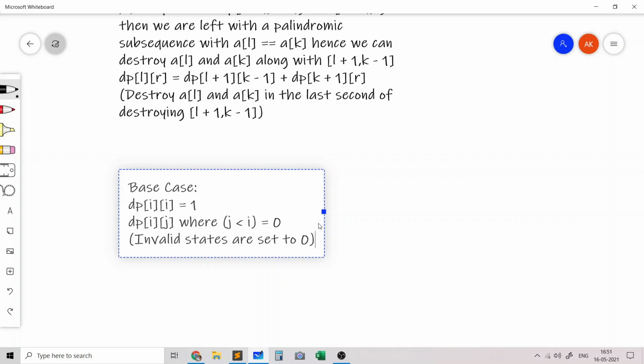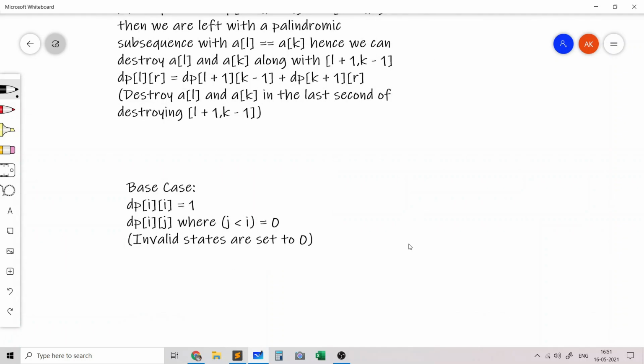And that's all that's there in our base case and our transition. So let's just type out the code and submit it to see that it gets accepted.